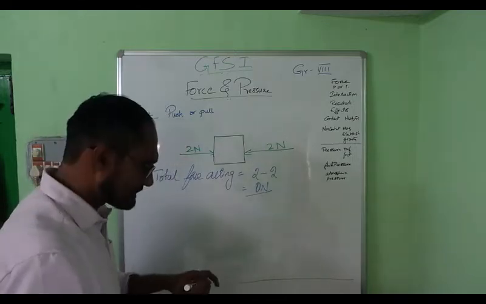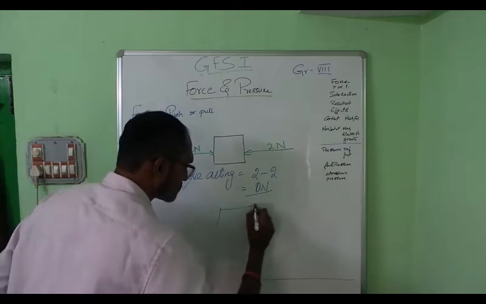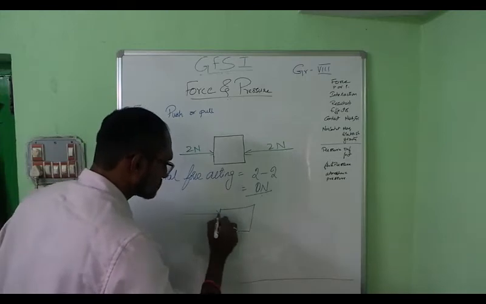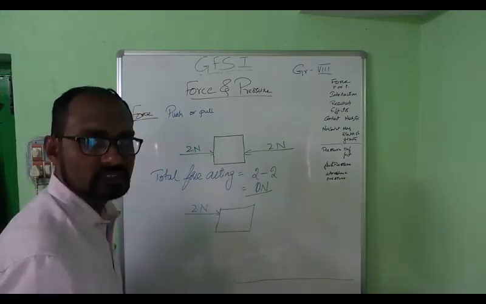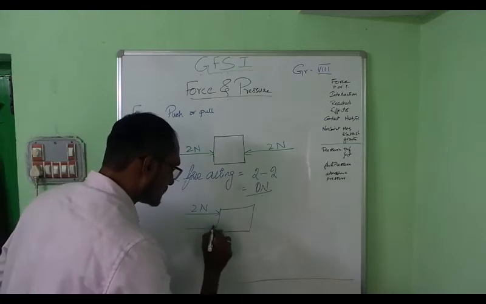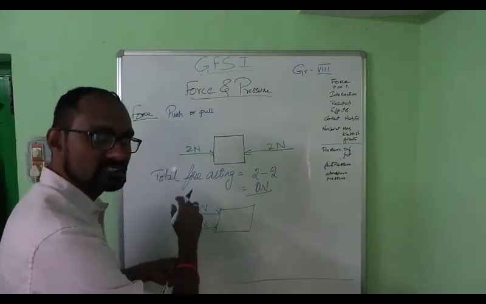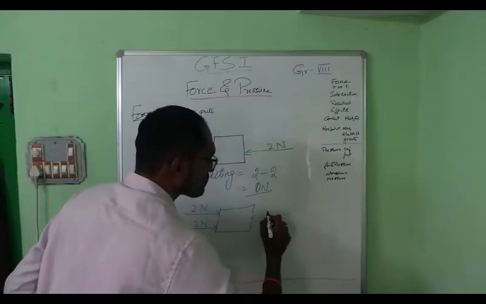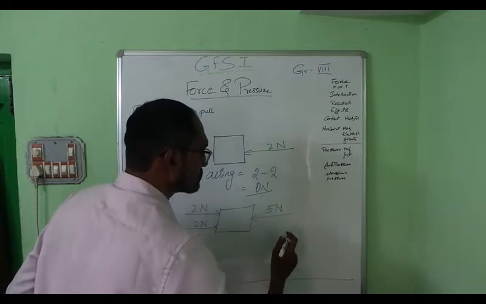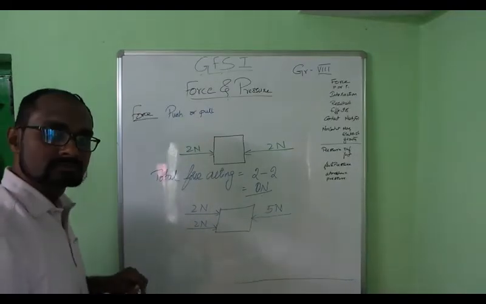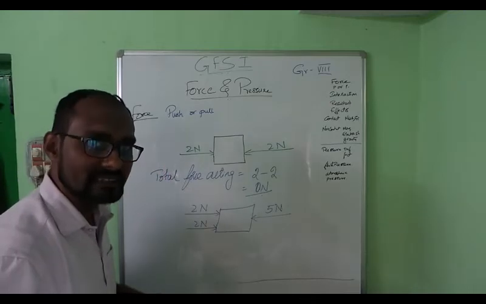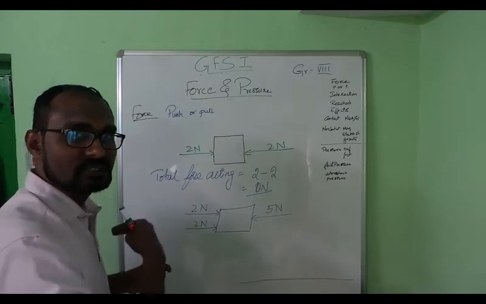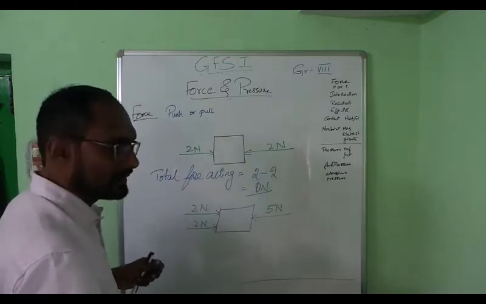Now let us consider another case wherein there is an object on which 2 Newton force is acting, another 2 Newton force is acting, and these two are acting towards the right side, and a force of 5 Newton is acting towards the left side. Now what will be the total force acting? For this, let us calculate separately the force that is acting towards the left side and the force acting towards the right side.